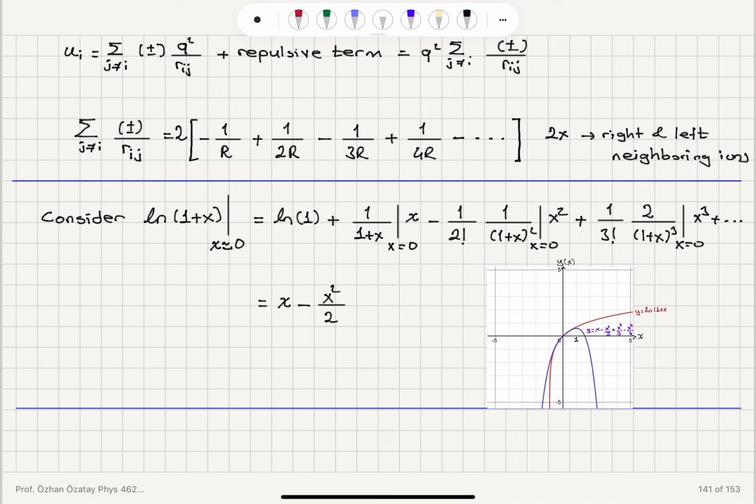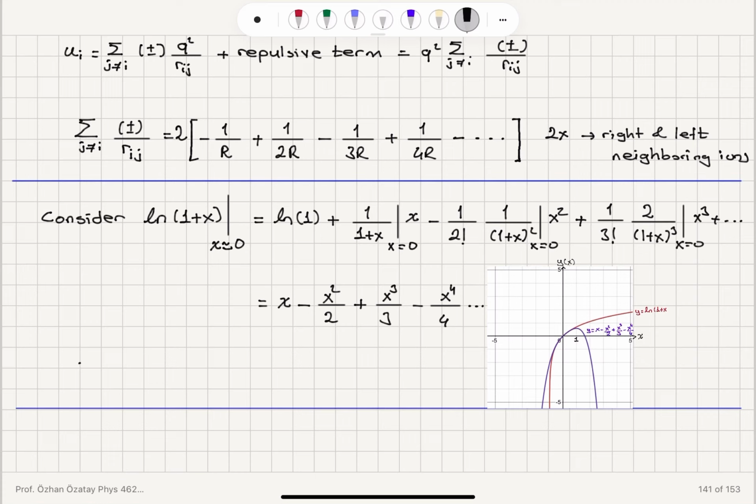And then here, with x equals 0, this is 2 over 3 factorial. The 3 factorial is 3 times 2, so we will obtain 1 over 3 here. So plus x cubed over 3. And then we will obtain minus x to the 4 over 4, etc. So higher order terms.